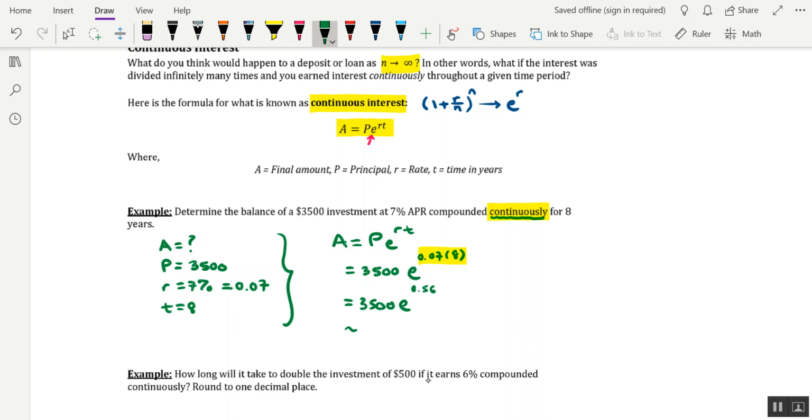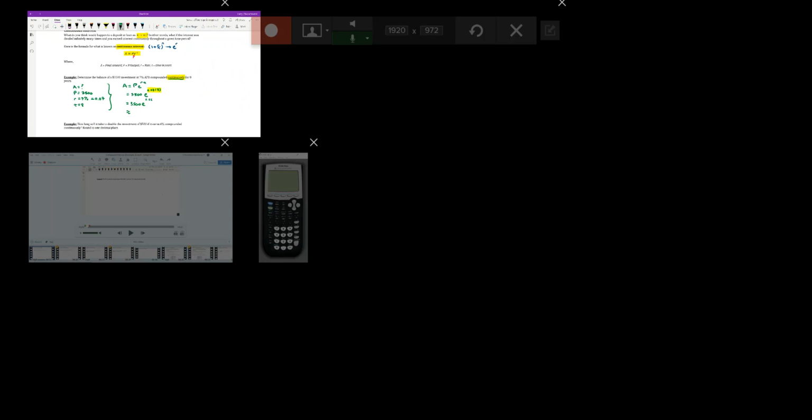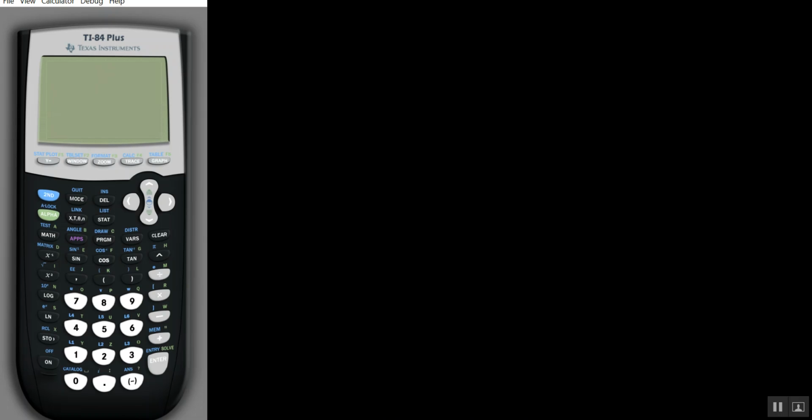And then of course we'll type this into our graphing calculator to get an approximate and more practical answer. So 3,500, and then second ln, and in the power is going to go 0.56.